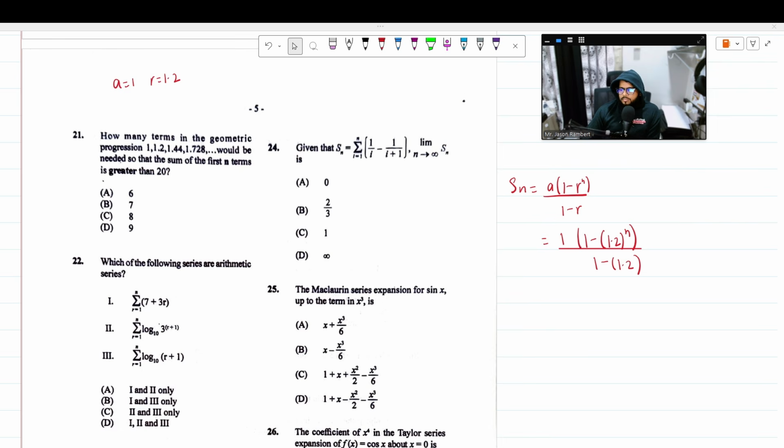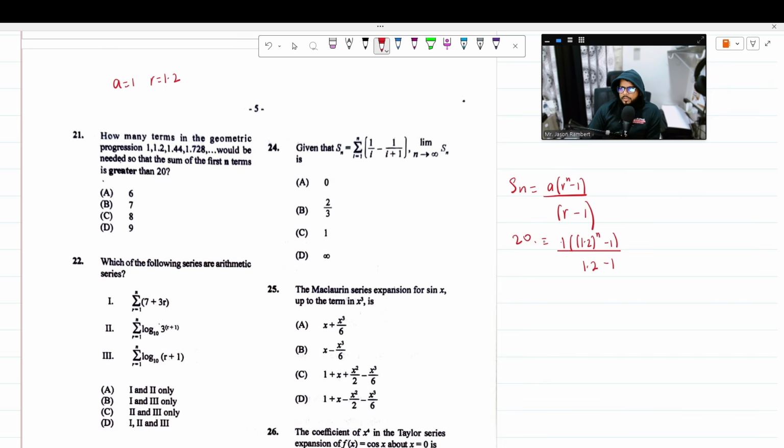Alright, since this is going to be negative, we'll have to use r to the n minus 1. So just make sure you know what your value of r is. R minus 1, sorry. 1 into 1.2 to the power of n minus 1 over 1.2 minus 1.